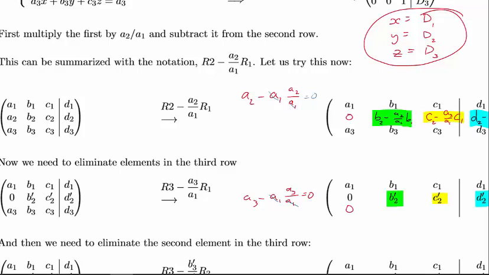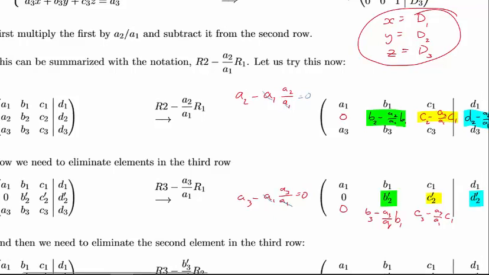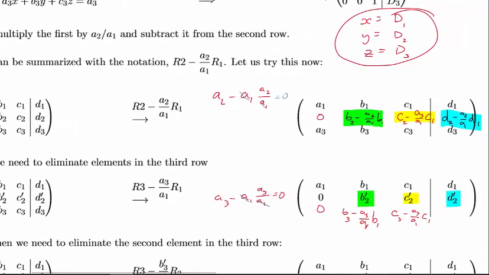Okay, and now the next element will become the number B3 minus A3 over A1 multiplied by B2. Oh, and note that, yeah, a little mess up, that should be B1 right there. And so the next one will be C3 minus A3 over A1 multiplied by C1. And then the last one will follow the exact same pattern.